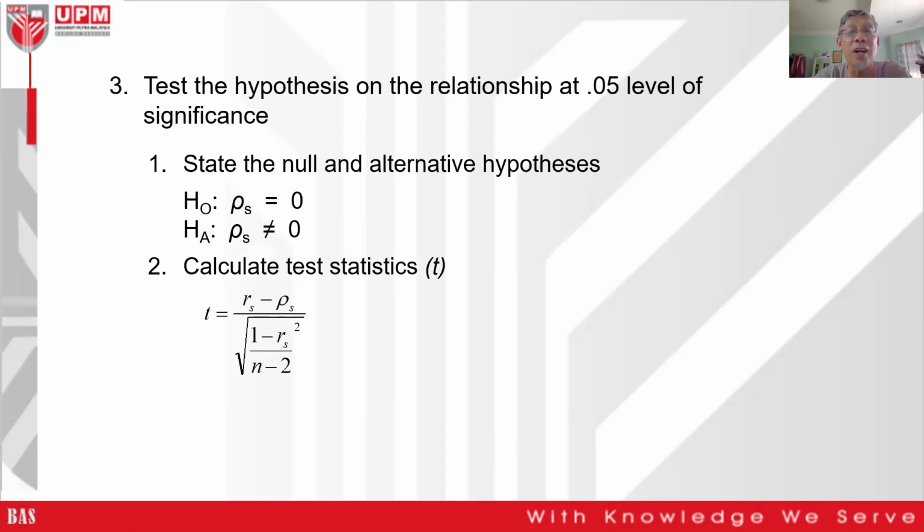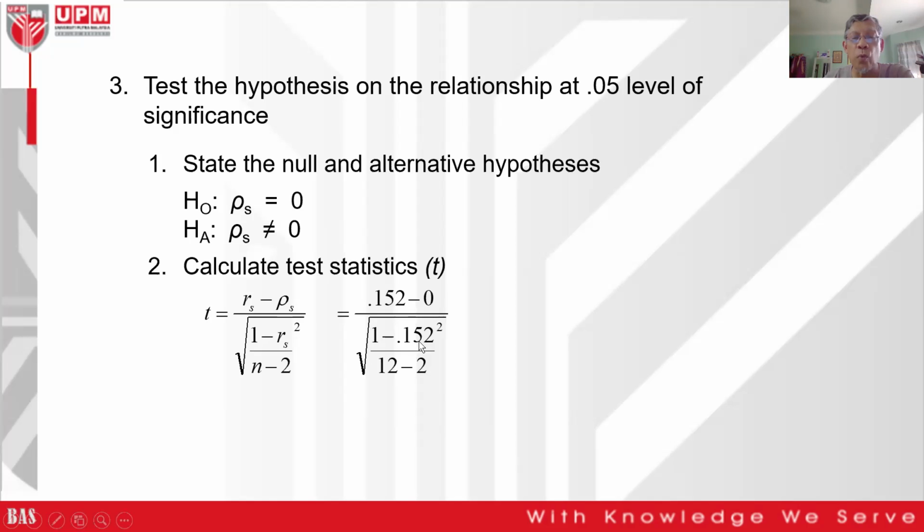Oh, no, this is manual calculation. Yeah, sorry. For manual calculation, sample size more than or equal to 10, therefore we need to calculate our t statistic. So t equals RS minus rho S divided by square root of 1 minus RS square divided by n minus 2, which is equivalent to, in this case, RS is 0.152, rho S is 0, so 0.152 minus 0 divided by square root of 1 minus RS square.